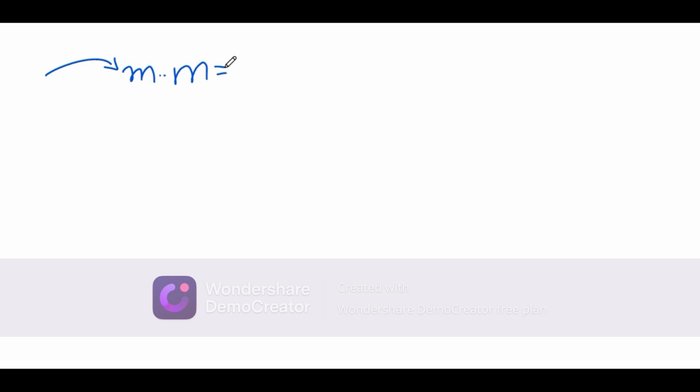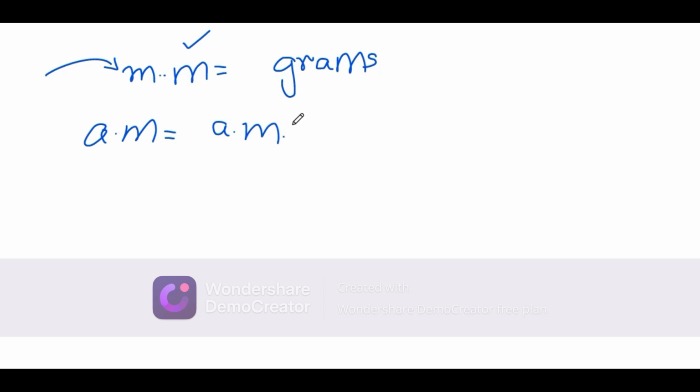The only difference between them is that they are represented by grams. Nothing else. They are represented by grams, therefore they are known as molecular mass. And similarly, if it was about atomic mass, that would be AMU as my unit. As you know, it is atomic mass unit. Very basic.